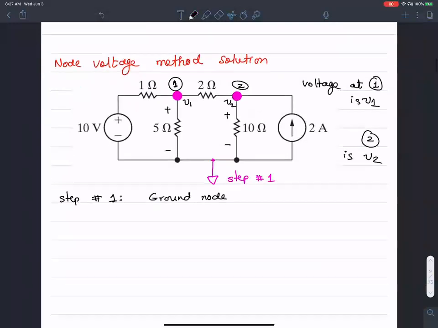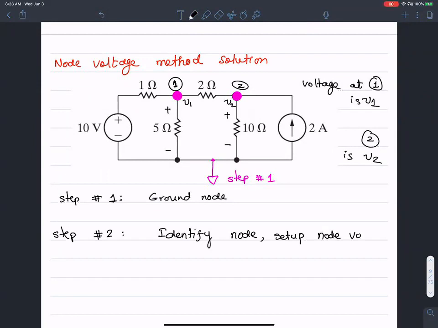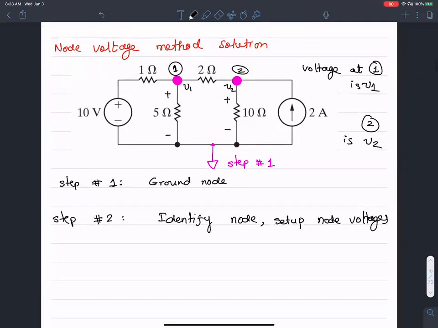That's step number 2, to identify nodes and then set up node voltages. Now you can see the beginnings of why we like to call this a node voltage method.